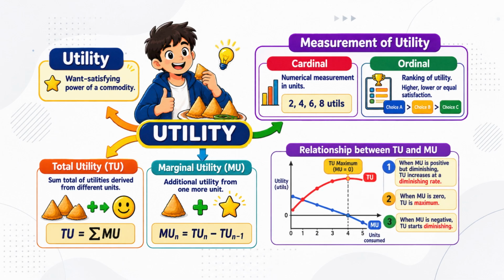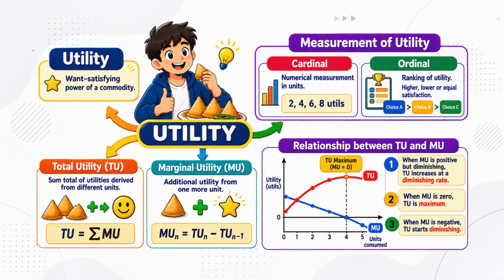Let us look at the relationship between total utility and marginal utility. Marginal utility of the nth unit is equal to total utility of the nth unit minus total utility of the previous unit. When marginal utility is positive but diminishing, total utility increases at a diminishing rate. When marginal utility is 0, total utility is maximum.